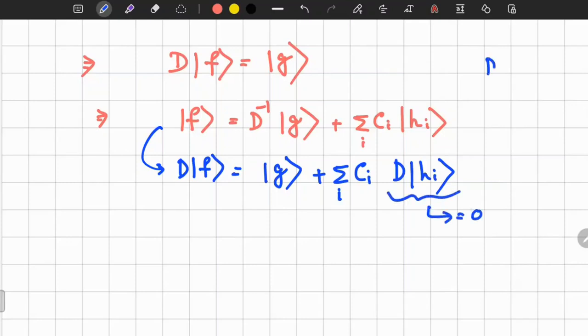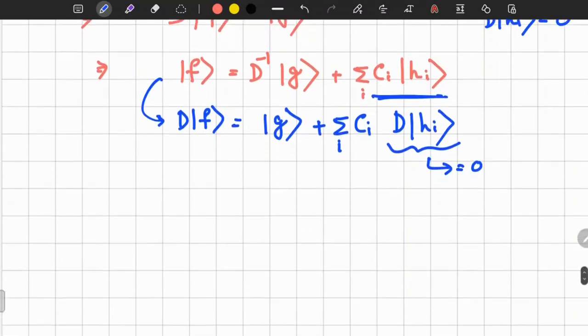If D of h_i is 0, then we can add this term here. This is the general form actually. So h_i depends linearly on x, and then we have D of h_i equal to 0. Let me write the exact term here.